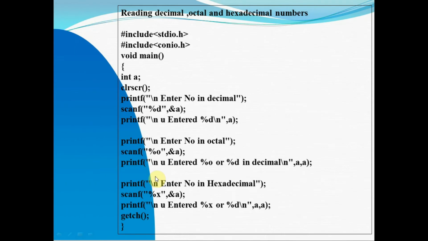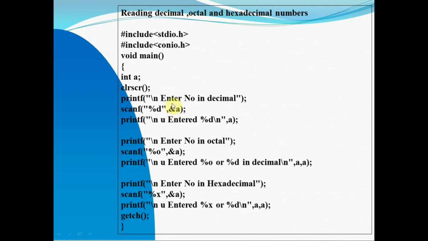Then it is examples. So int a is a declaration part. Enter a number in decimal, just we get the input. %d is the format of integer, so %d comma &a is called the address of the variable.